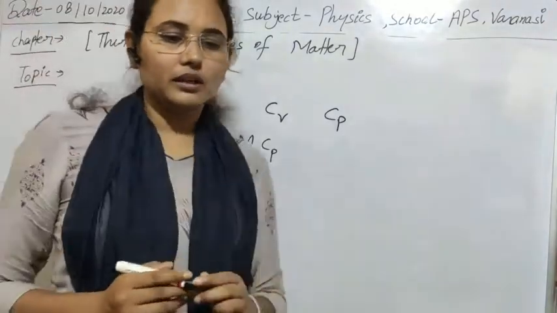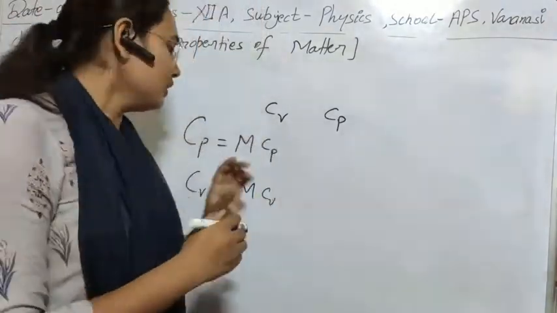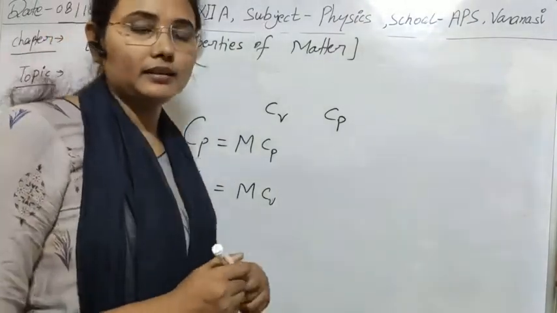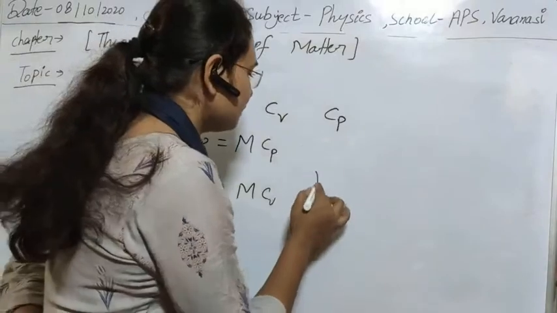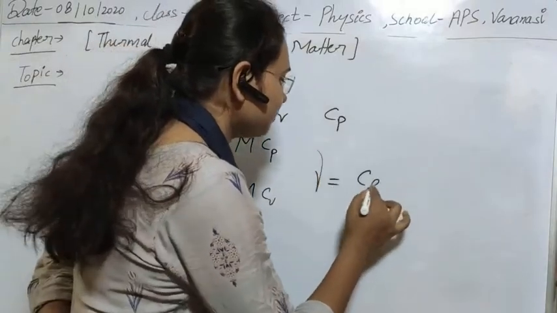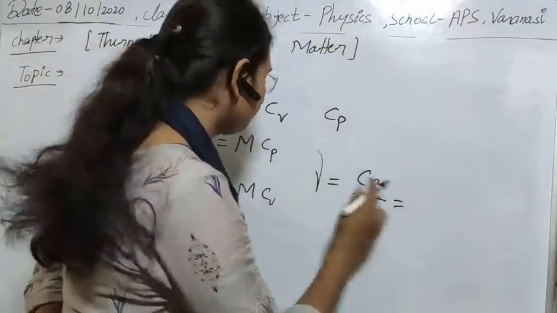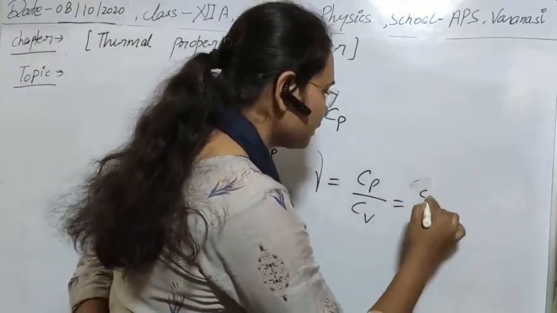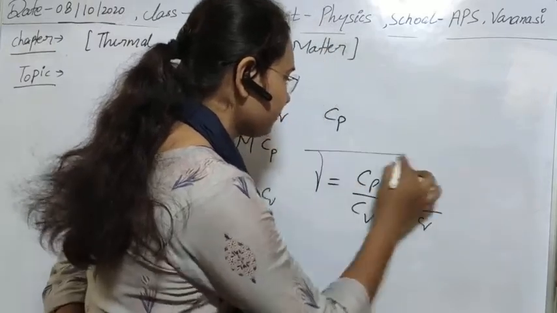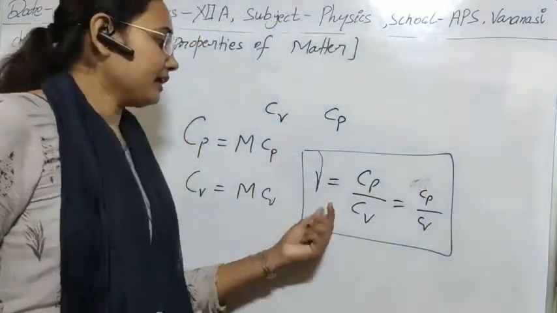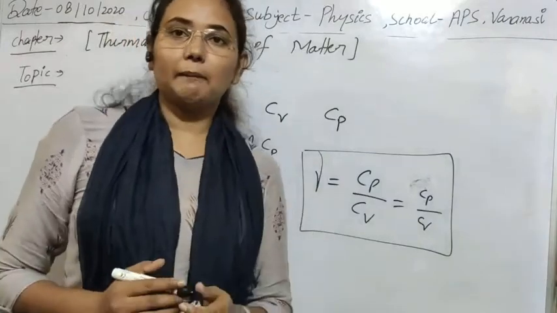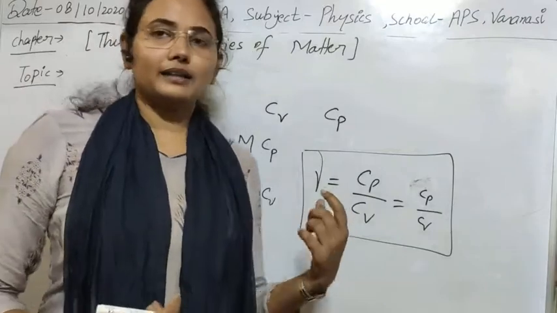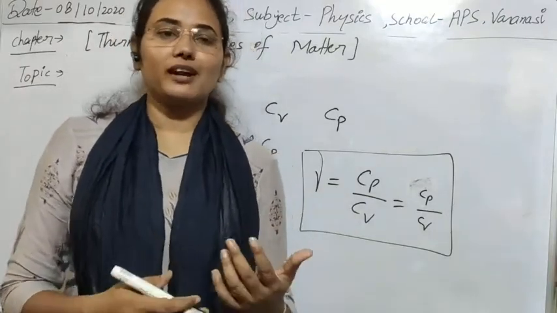And also there is a relationship between these two molar specific heats at constant pressure and constant volume, and this is gamma equal to Cp upon Cv, or from here we can also write it small Cp upon small Cv, where gamma actually depends upon the atomicity of the gases, means the gas is monoatomic, diatomic, triatomic.